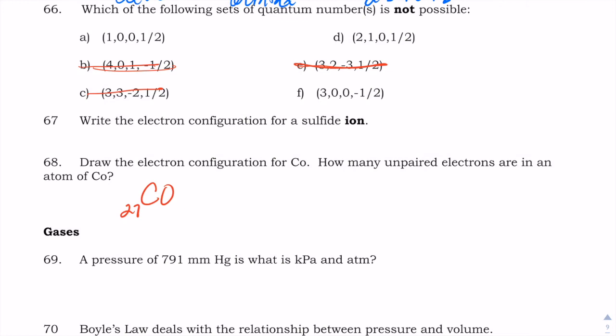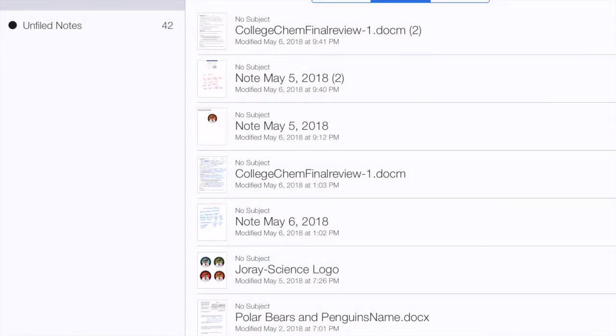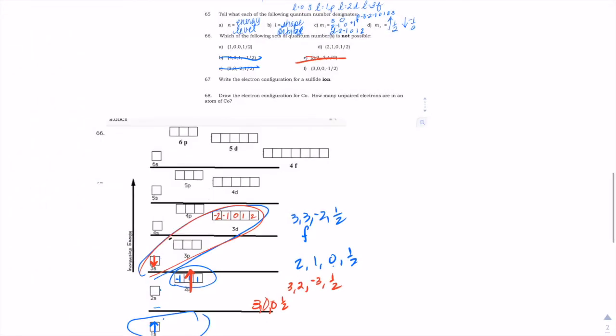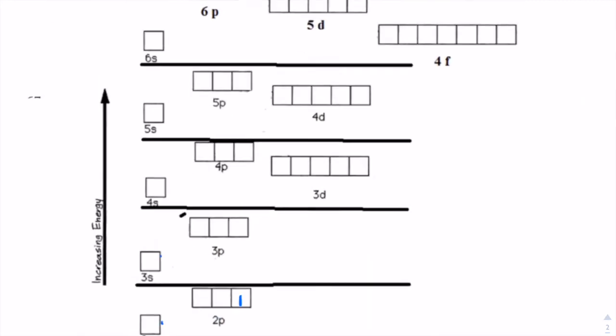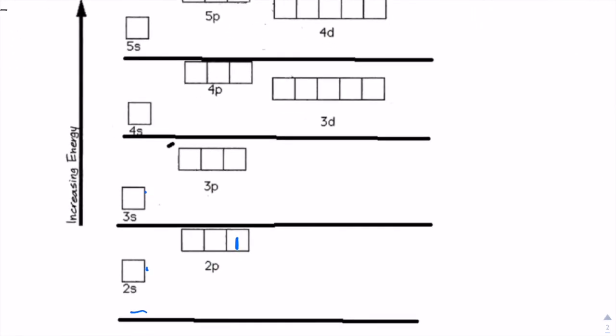So if we're going to do electron configuration for 27, I'll go back to this hotel diagram that I happen to have copied, and we'll make it big. 27.